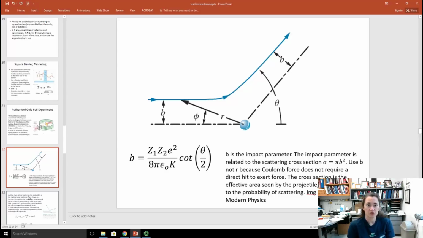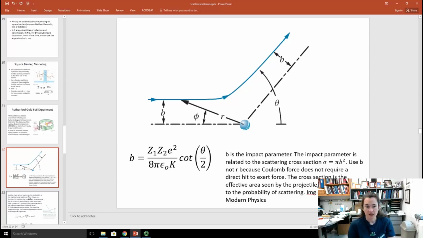So basically, you're multiplying the product of the charges of the two nuclei there. And you're dividing by 8 pi epsilon naught, where epsilon naught is the permittivity of free space, 8.854 times 10 to the minus 12. And then K is the kinetic energy of the incident particle, in this case the alpha particles. And theta is the angle of scattering.